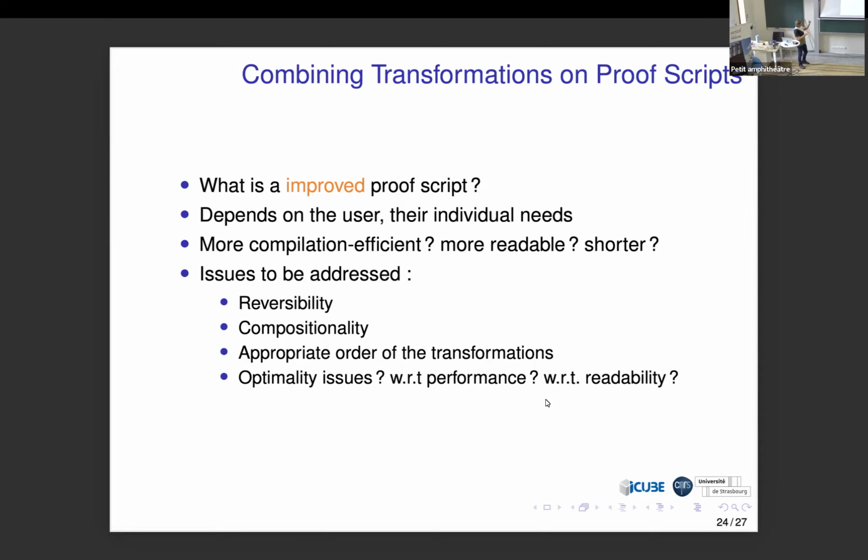So the 3 basic examples I thought about, but maybe there are other criteria, is the compilation efficiency issue, and the readability issue. A lot of people are concerned with how readable proofs are, and that's one of the criteria to trust a proof system. It means that if you do some interactive proof in Rocq, and no one can read what's been achieved, there's not much difference than using a SAT solver to do the proof.